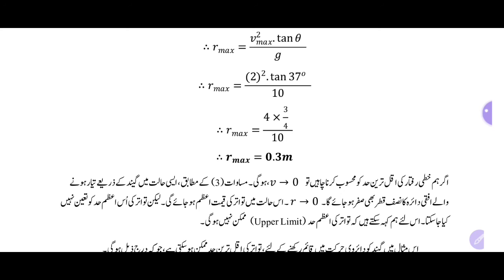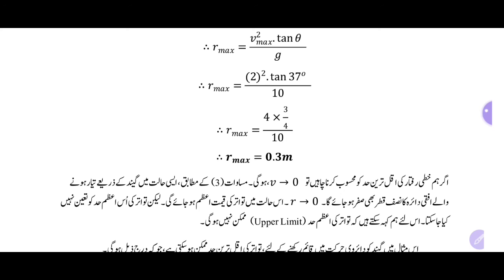If v is 0 and r tends to 0, then the value of frequency will be indefinite, meaning we cannot calculate it. So it is not possible for us to calculate the maximum limit of the frequency.